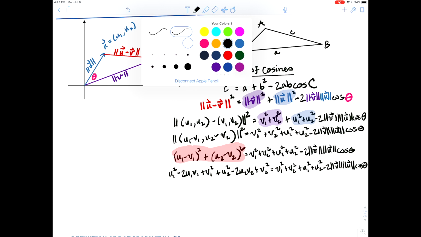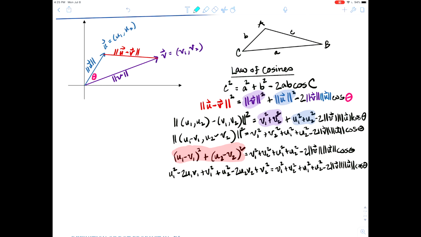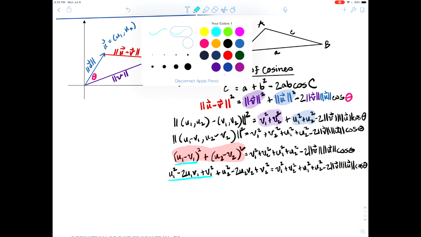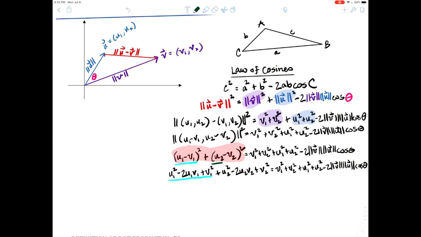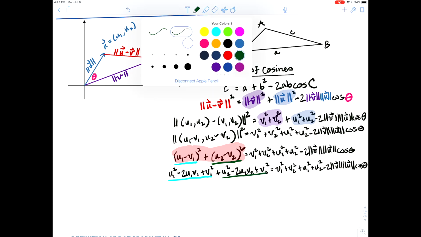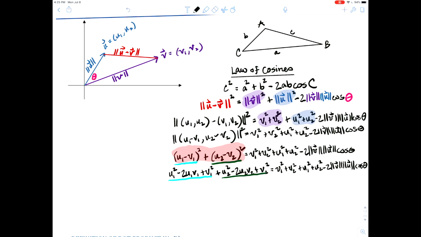Okay, so just so you can keep track, this one here is this quantity, and then the other one squared out was this quantity. So let's see what we can cross out. This is the best part, right? Do you see that we have a v1 squared on either side, so we can cross them out.